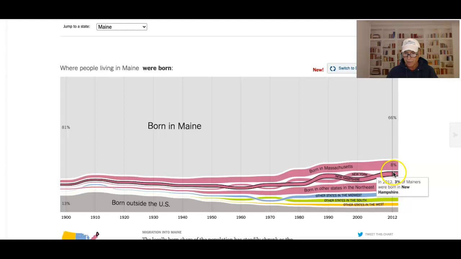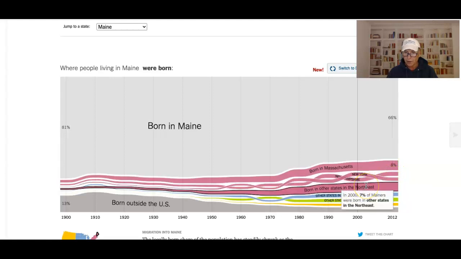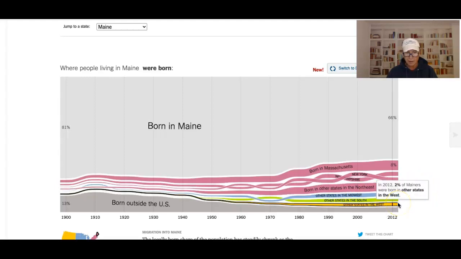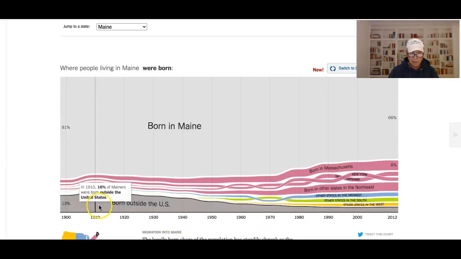We have New Hampshire, New York, born in other states in the Northeast, born in the Midwest, born in the South, born in the West, and born outside of the U.S. From here, you can be a student of history and start looking at these and say, why in 1910 were 16% of Mainers born outside of the United States? Well, it has to do with immigration all the way forward.